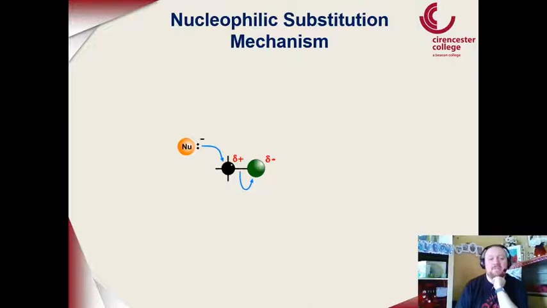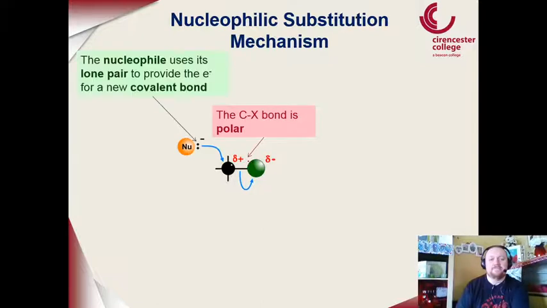It doesn't bond first and then leave eventually. This will happen at the same time. The nucleophile will go in just as the leaving group, or the halogen in this case, is going. We can see the nucleophile is going towards the delta positive carbon, and the delta negative halogen is the leaving group.